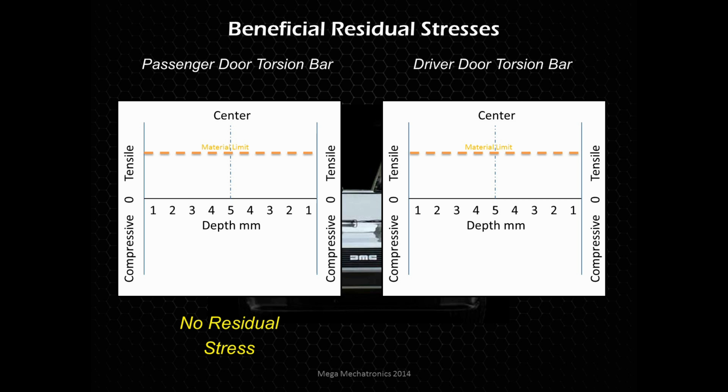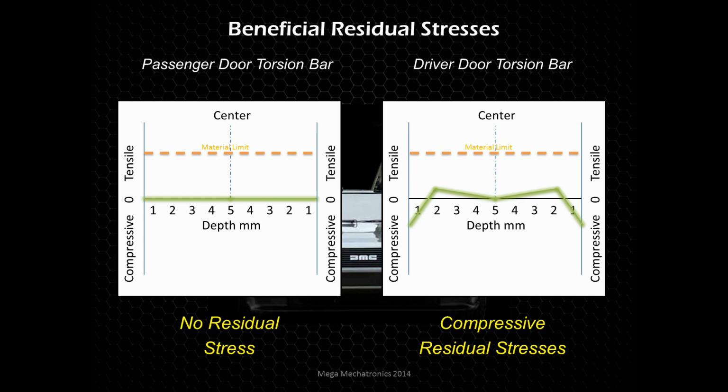So let's say the scientists or the quality engineers found out that there was no residual stress on the passenger door torsion bar. And on the driver's side, where it didn't fail, they found compressive residual stresses at the surface. So both of these parts are unloaded at this point. They pulled them out of the vehicle and they're just sitting there on the table.